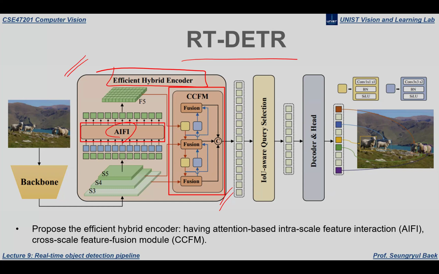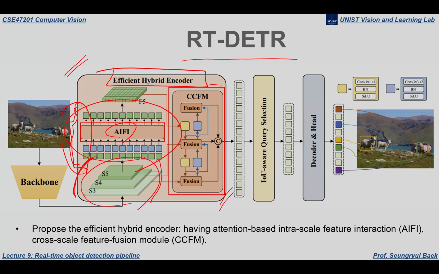But they have a smaller number of tokens compared to the original DETR. And this is achieved by reducing the two-dimensional feature space.